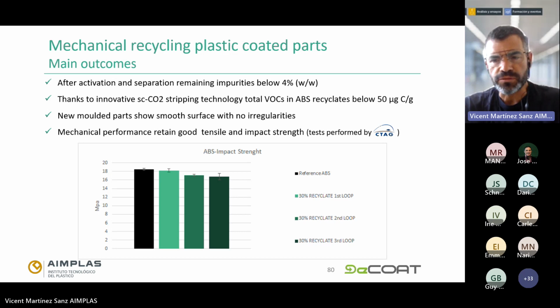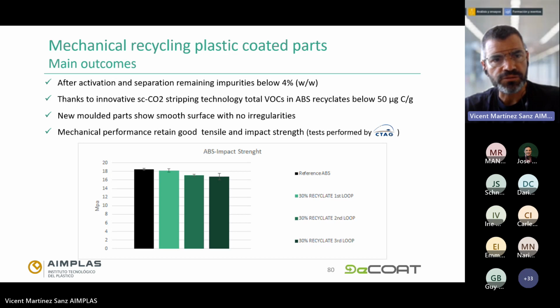Also, although I will not provide too many details, during the compounding and upcycling process, we were able to introduce an innovative supercritical CO2 stripping technology that allows us to remove the total volatile organic compounds in the ABS recyclates to a limit below 50 micrograms carbon per gram of sample, so that the new molded parts after each manufacturing process show a smooth surface with no irregularities and good optical and aesthetic properties after each coating process.